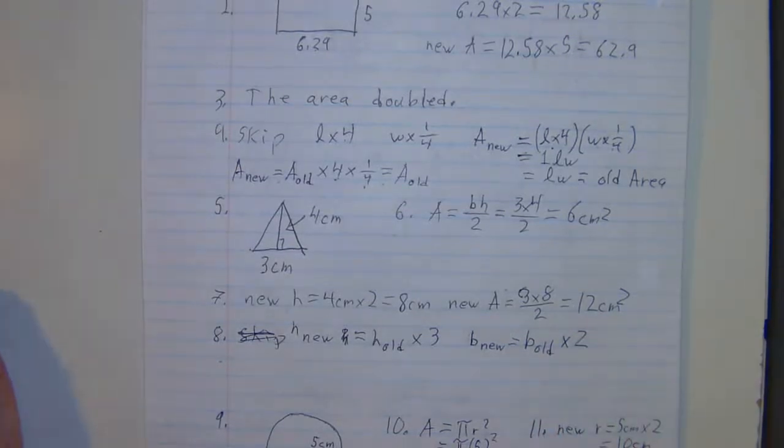So what's your prediction for how the area of this triangle is going to change? Go ahead and let me know in chat. What do you think we'll see as a change in the area of our triangle? Jackson's guessing tripled. Cool.